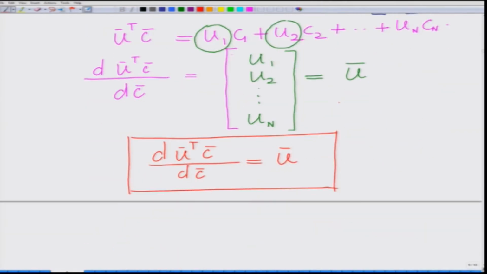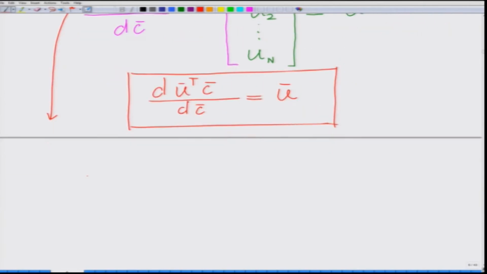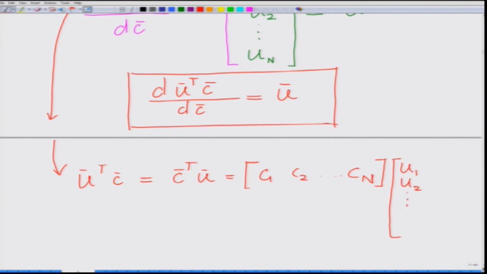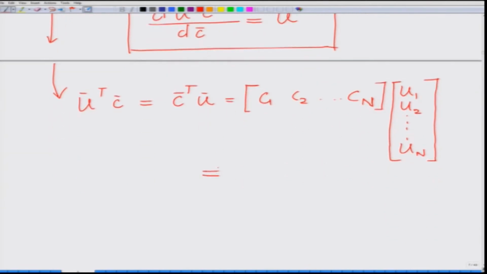Now, of course, you will also see that u bar transpose C bar is also equal to C bar transpose u bar, which is basically your row vector C 1, C 2, C n times the column vector u 1, u 2, u n, and this is therefore equal to C 1 u 1 plus C 2 u 2 plus C n u n. So, u bar transpose C bar is also the same thing as C bar transpose u bar.